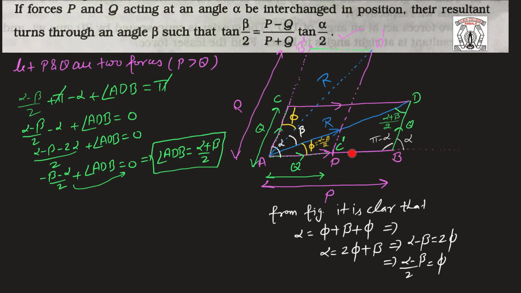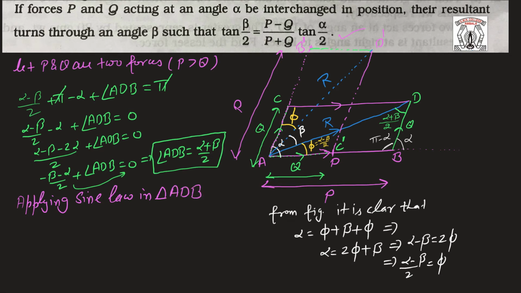This force is P, this is Q, and this is R. So I shall be writing: applying the sine law in triangle ADB. You have to mention the triangle ADB.